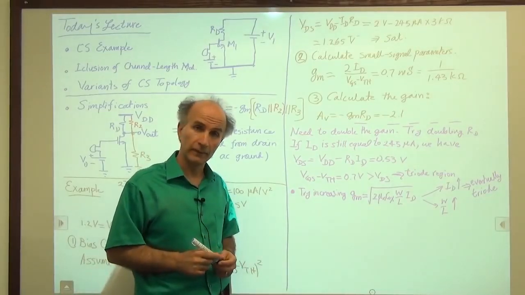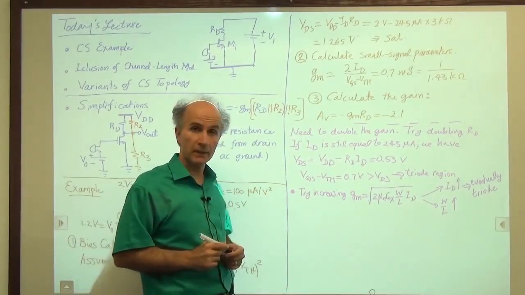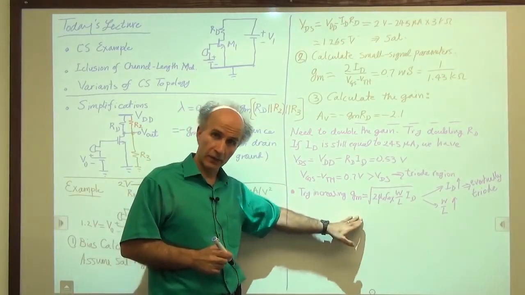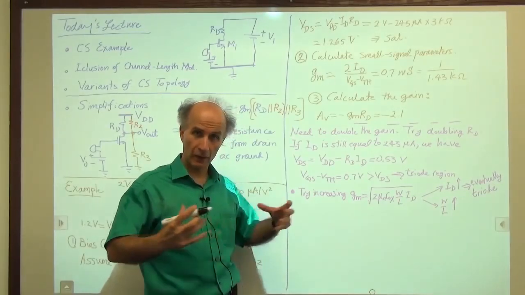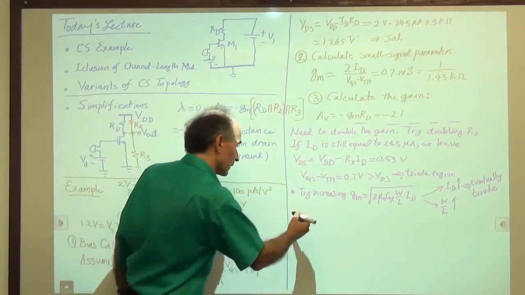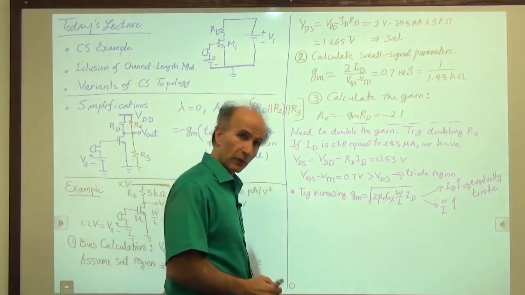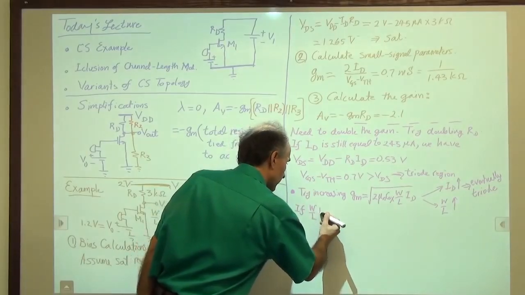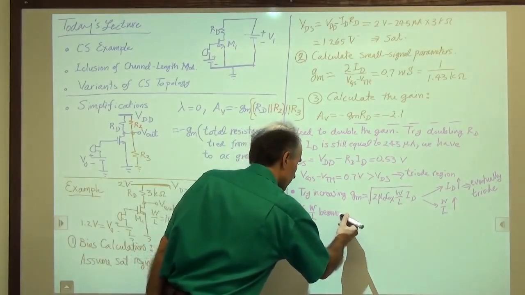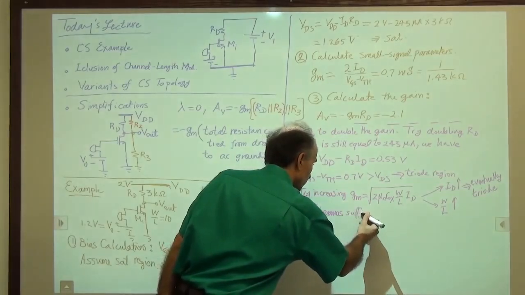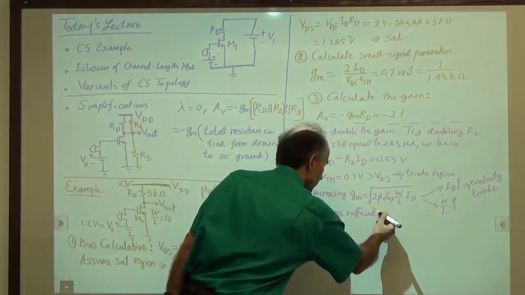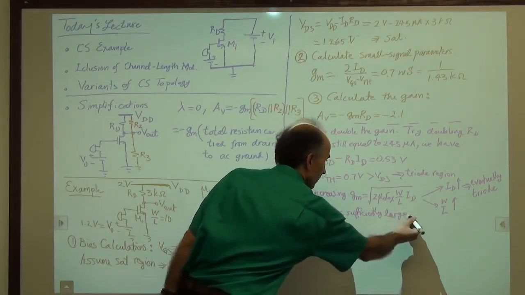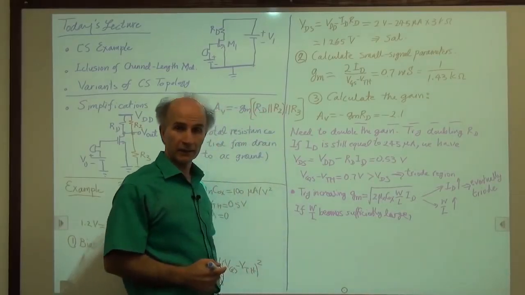Unfortunately, that's not true. So without going through details in this course, what I will show you is the final bound on this GM as we make W over L larger and larger. We did not cover this in this course, but just for your curiosity, if W over L becomes sufficiently large, this equation is no longer valid.